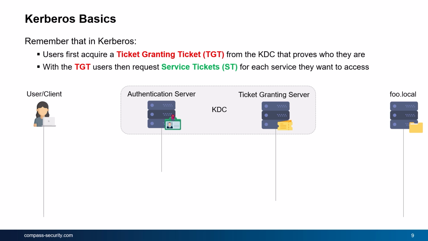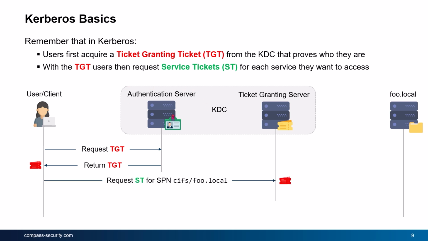in a diagram, the user will first request a ticket granting ticket. If everything is in order, so the user is correctly authenticated, the KDC, or specifically the authentication server part of the KDC, issues the ticket granting ticket. And with this TGT, the user can then request service tickets for any service within the domain that has an SPN, a service principal name, configured.